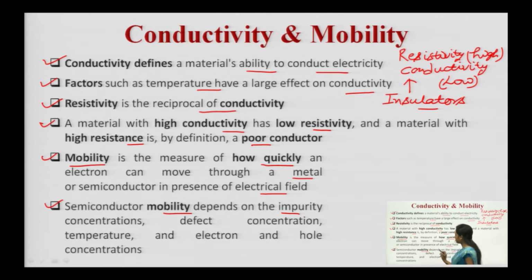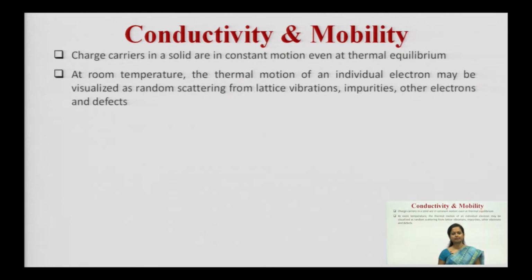Semiconductor mobility depends on the impurity concentrations, defect concentrations, temperature, and electron and hole concentrations, which are the charge carriers. These are the important factors upon which the mobility of a semiconductor depends. You must remember all of these points.